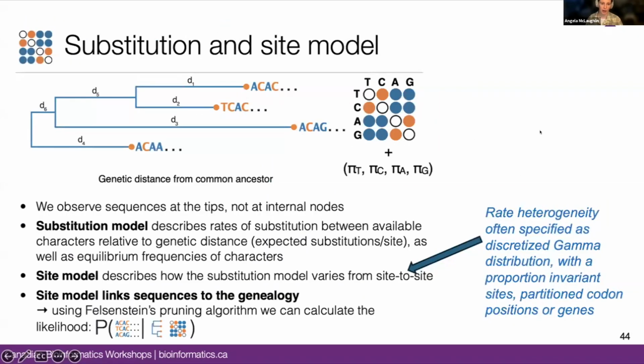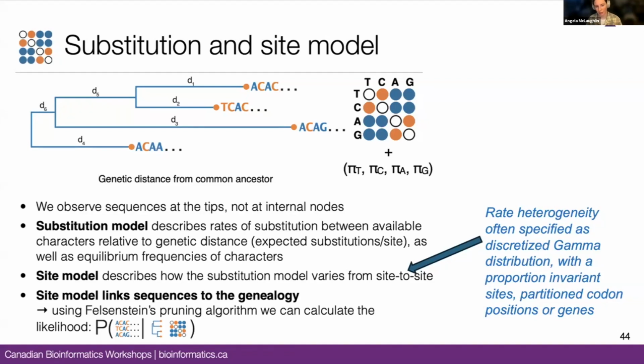Okay, so let's move on to the substitution site model. With the site model, this is a combination of our substitution model, which we alluded to as being, for example, the HKY or GTR model, which are basically ways of specifying the underlying instantaneous rate matrix.